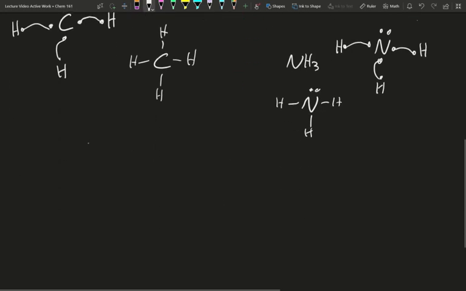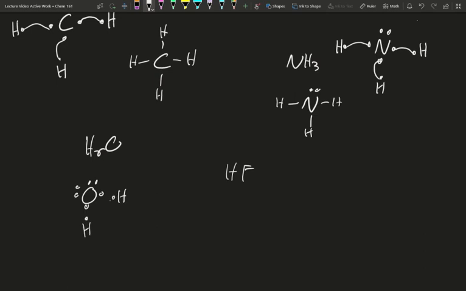We'll see similar for water and for HF. Water's oxygen starts with 6, our hydrogens with 1. Pair the unpaired and you get oxygen with 2 hydrogens because it only had 2 unpaired electrons. Fluorine has 7 total, so only one of them is unpaired.